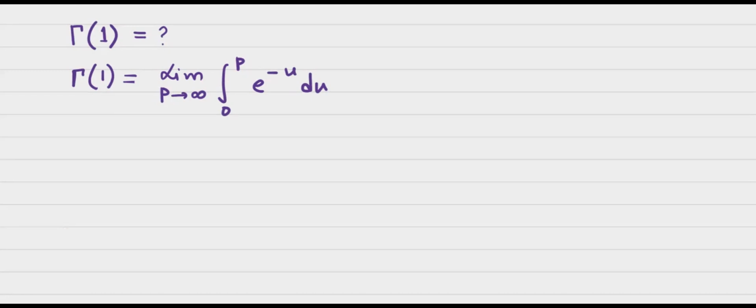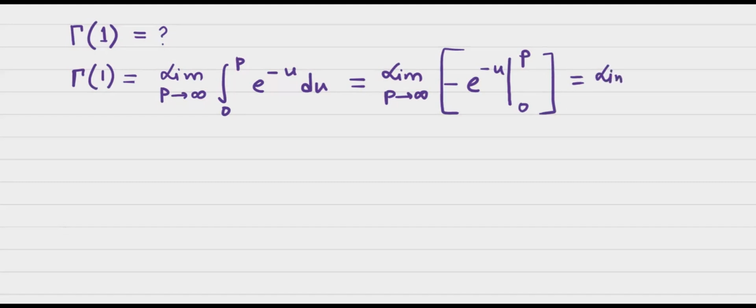Well, this is an easy integral. What happens is limit p tends to infinity of minus e to the power minus u evaluated from 0 to p. Once we do that, we find this is simply limit p tends to infinity of minus e to the power minus p, plus e to the power 0, which is 1. As we take the limit p tends to infinity, the first term goes to 0, and we are left with 1.